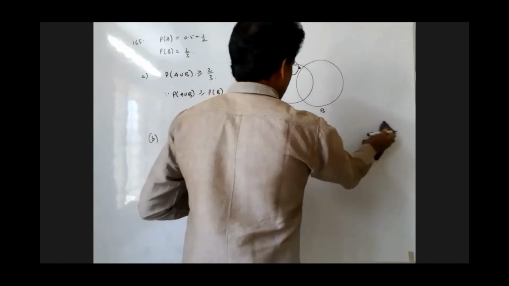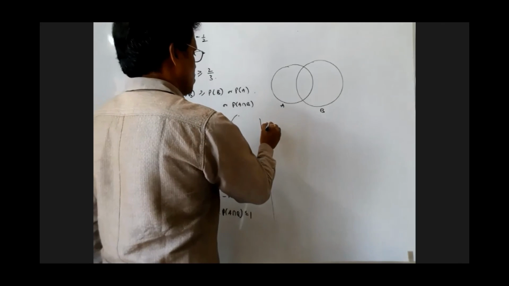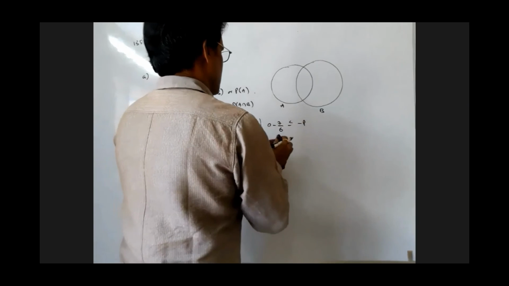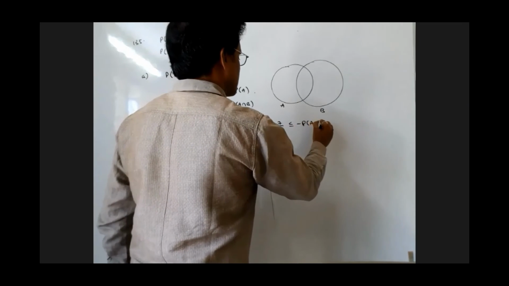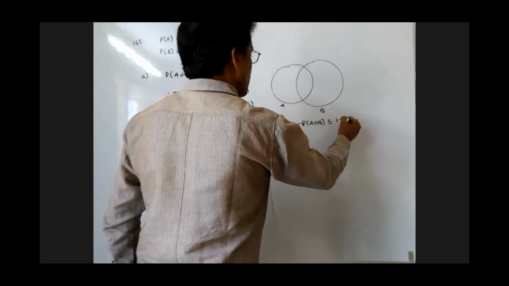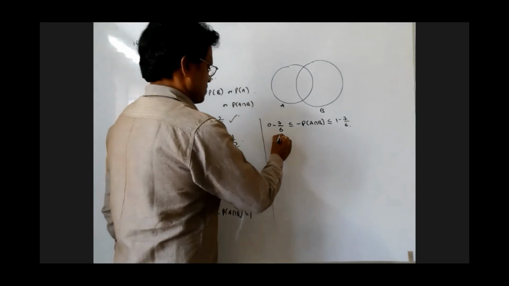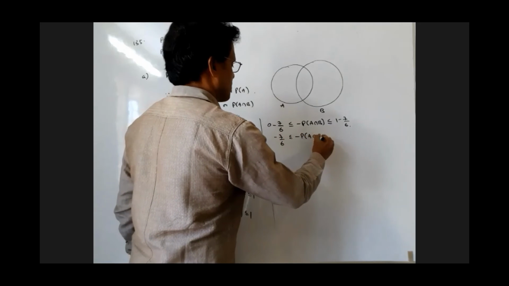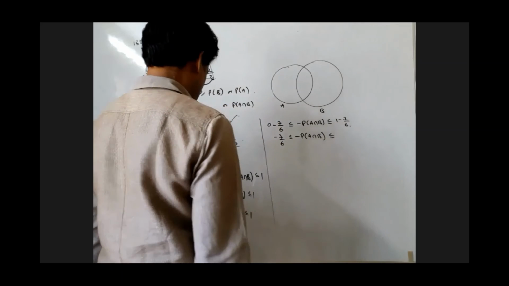I'm writing the other part here. Yes, my dear, 0 minus 7/6 is less than or equal to minus probability of A intersection B, less than or equal to 1 minus 7/6. This is minus 7/6 is less than or equal to minus probability of A intersection B is less than or equal to, this is how much, my dear?